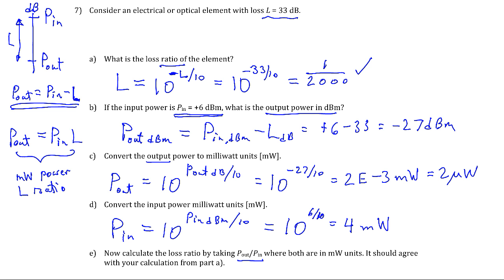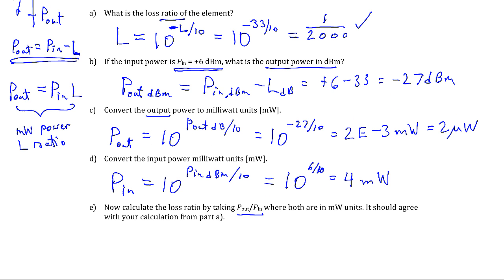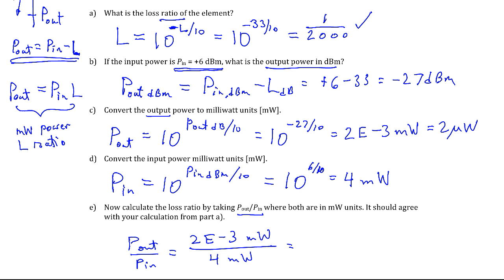Okay. Finally, we're going to take the ratio of these two values, P out over P in, and we're going to get 2 times 10 to the minus third milliwatts over 4 milliwatts. The 2/4 is a 0.5, and so I have 0.5 times 10 to the minus third.